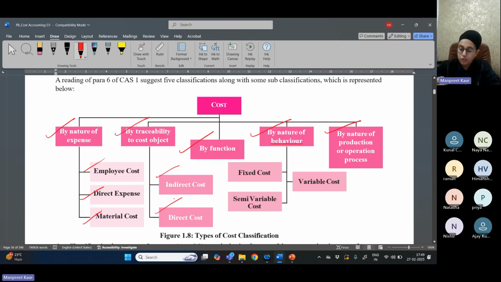On the basis of function, it is production, admin, selling and distribution, R&D. On the basis of behavior, fixed cost, variable cost, and semi-variable cost. And on the basis of the production or operation purpose.